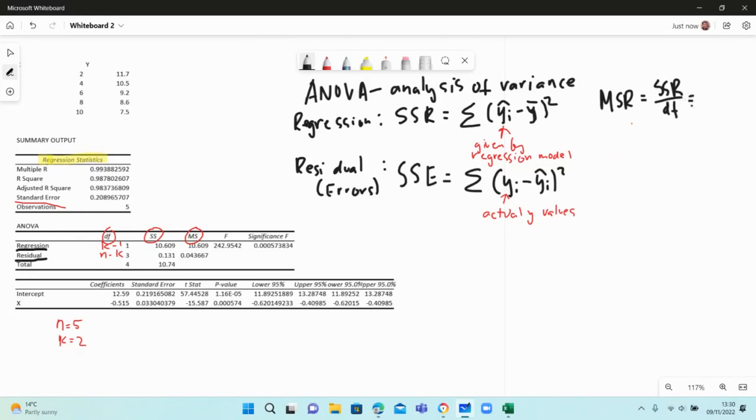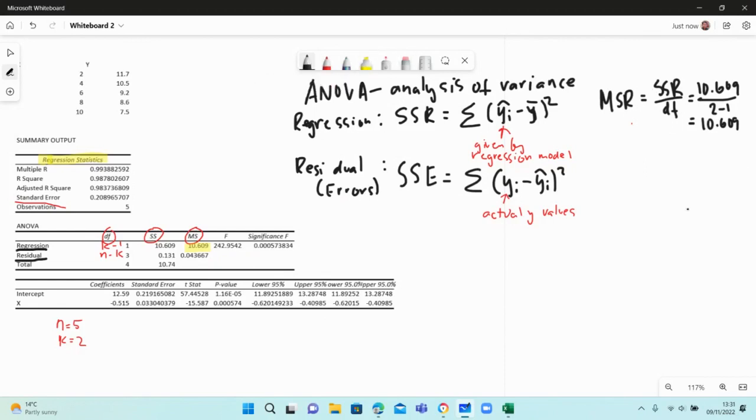And so SSR in this case is given, for the regression, by 10.609, and then the DF is just k minus 1, or since k is equal to 2, we have 2 minus 1, and this just gives us the value 10.609, which is actually this value here.